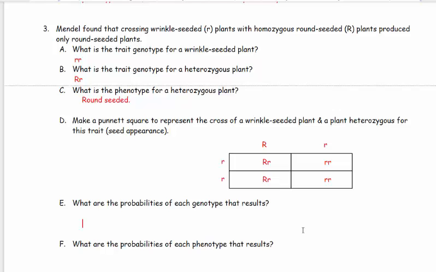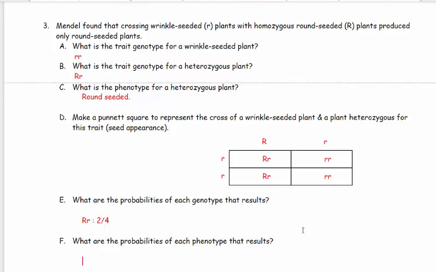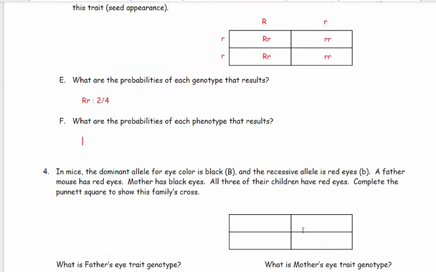The genotype probabilities for RR would be 2 out of 4. And for, sorry, small rr, oops, I should do that up here, small would also be 2 out of 4. Phenotypes.